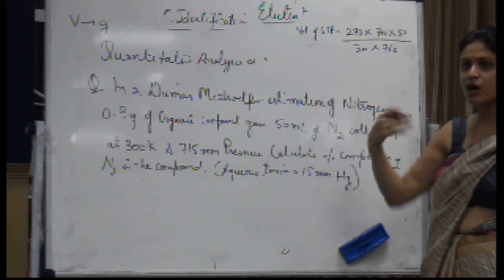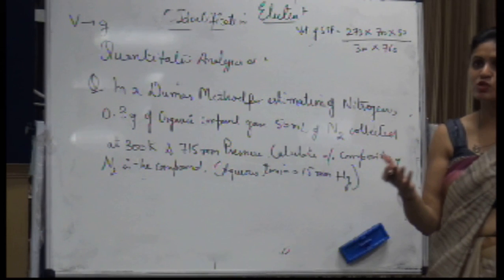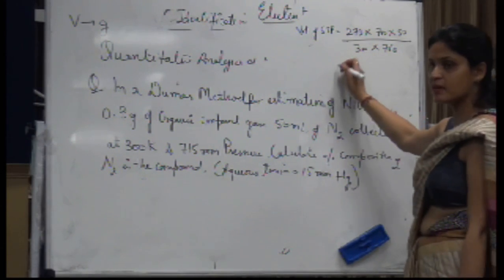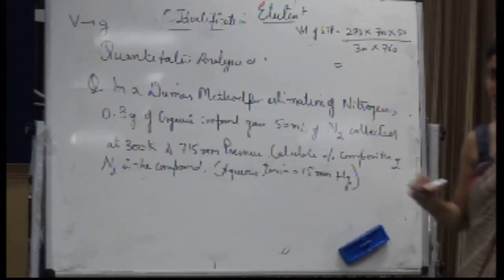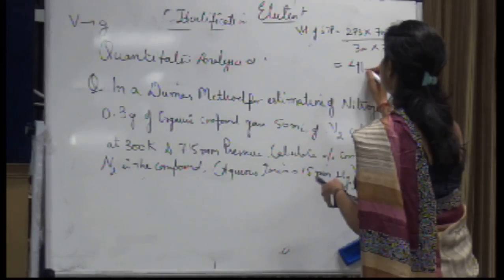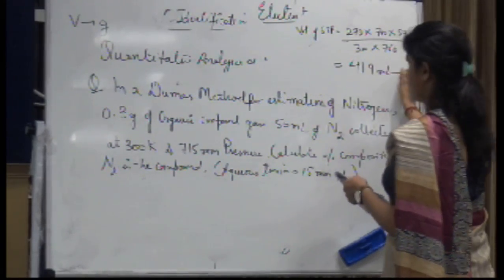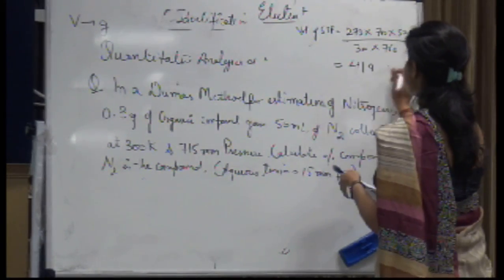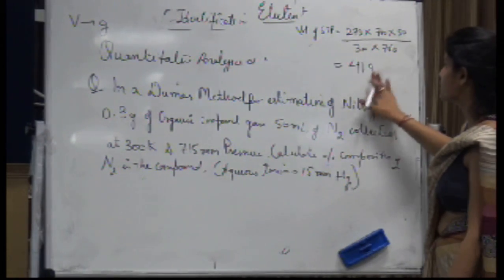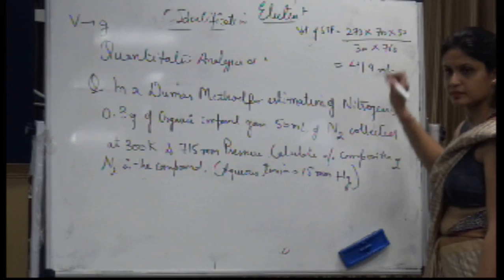Getting? This is how I have used P1 V1 by T1 is equal to P2 V2 by T2. All right. So what would be the volume at STP? It is around 41.9 ml. If I am taking 50 ml, it should be ml, right?